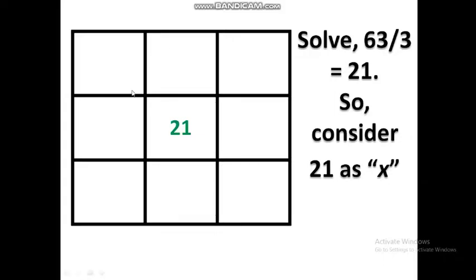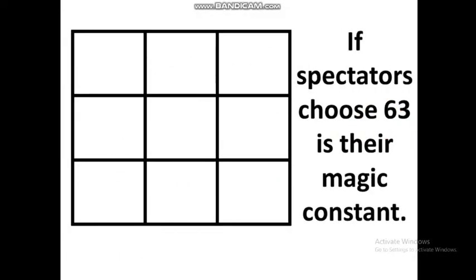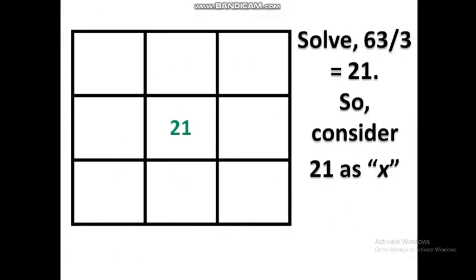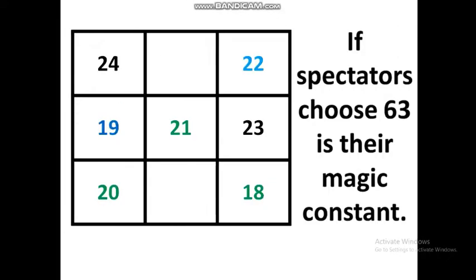And if another person asks to fill this box, the 2 by 1 box, the formula, as we know, is x minus 2, that is 21 minus 2, which will be 19. So this is the method by which we can fill all the boxes.